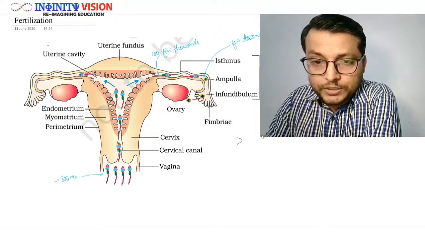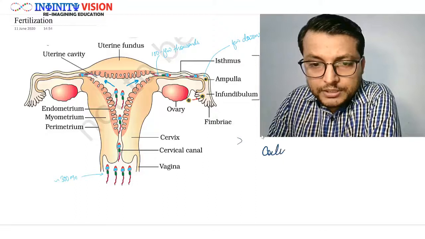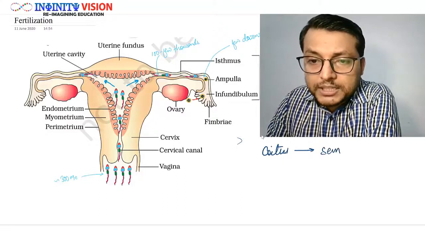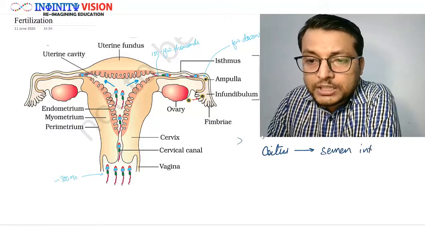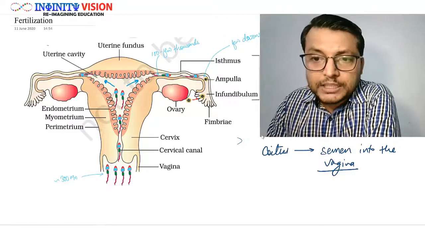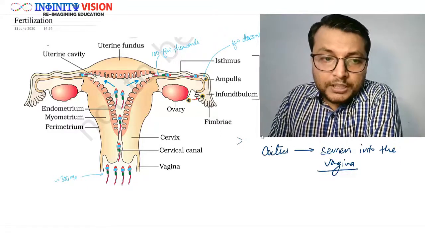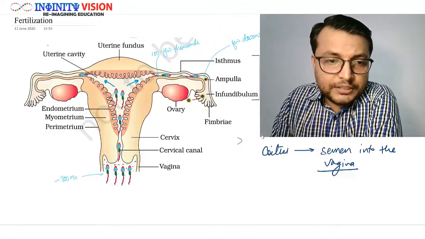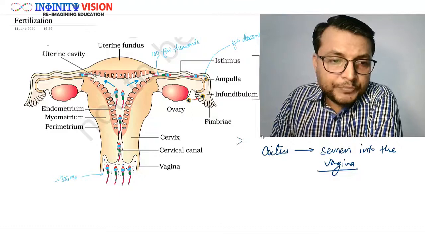let us see. During coitus, the male is depositing semen into the vagina of the female. Can you see, this is the deeper part of the vagina.